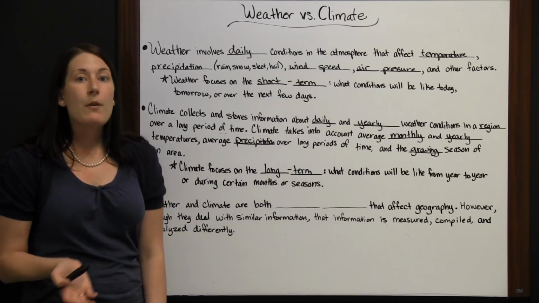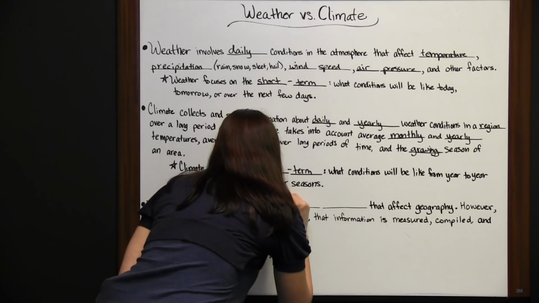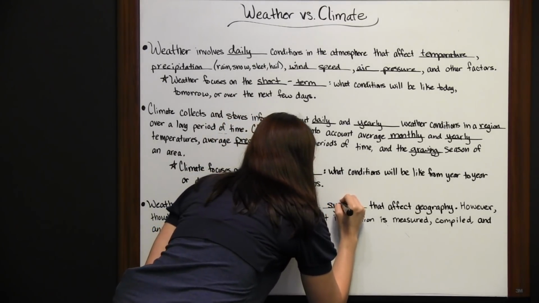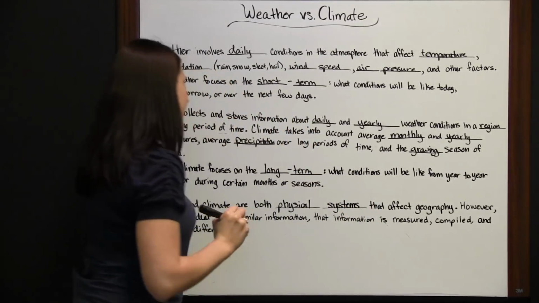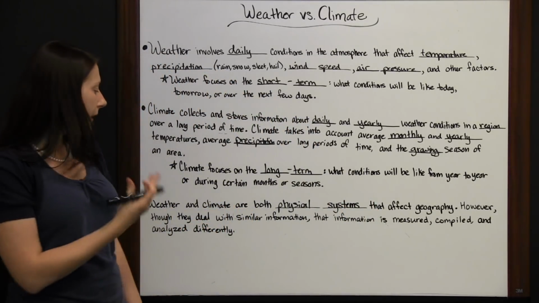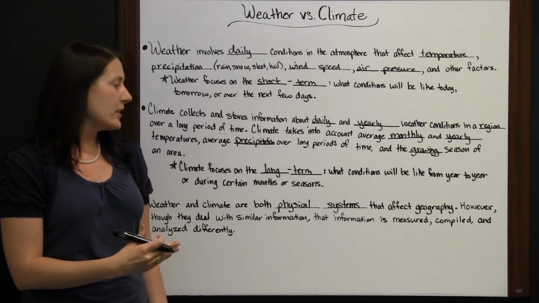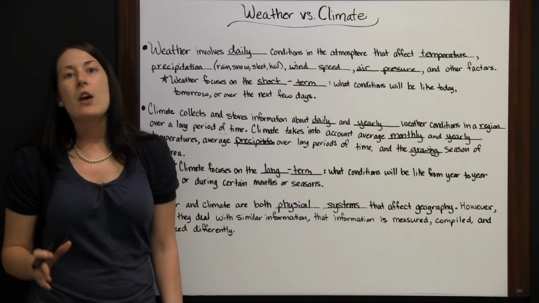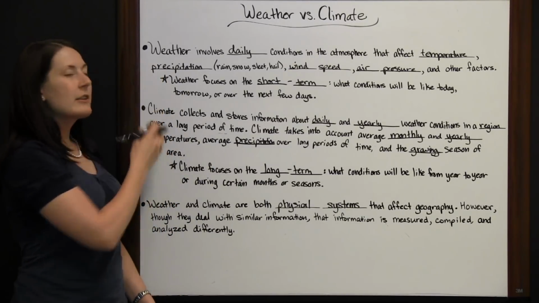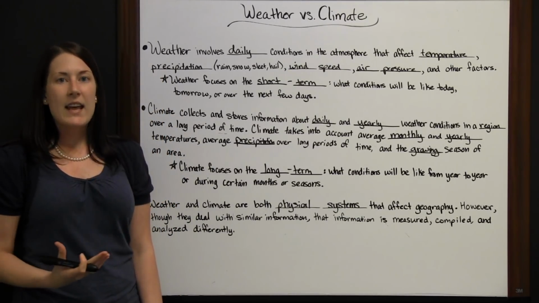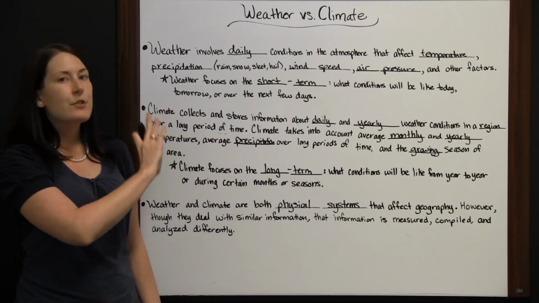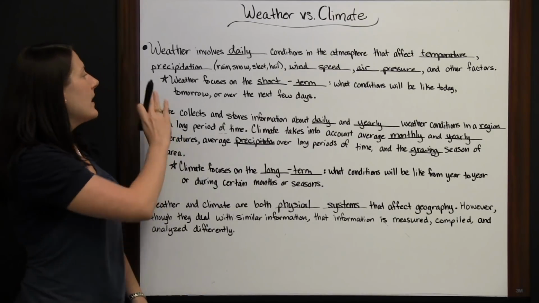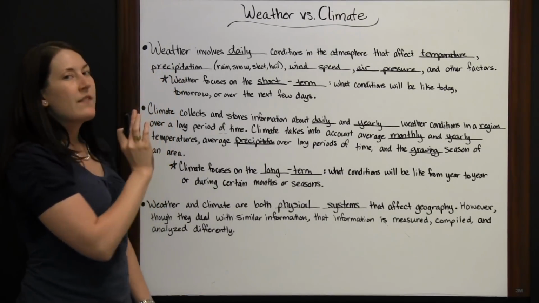So weather and climate are both physical systems that affect geography. However, though they deal with similar information, that information is measured, compiled, and analyzed differently. So just remember, weather is going to involve the more day-to-day events dealing with temperature, precipitation, wind speed, air pressure, anything weather-related is going to be weather if it's short-term.